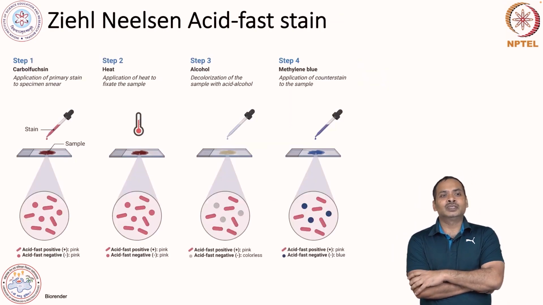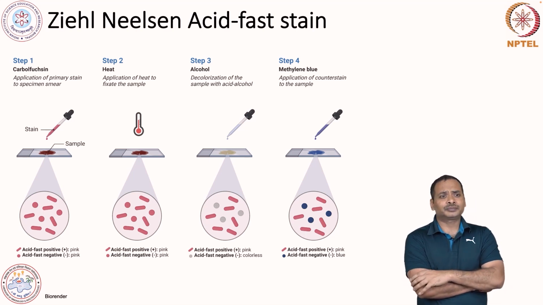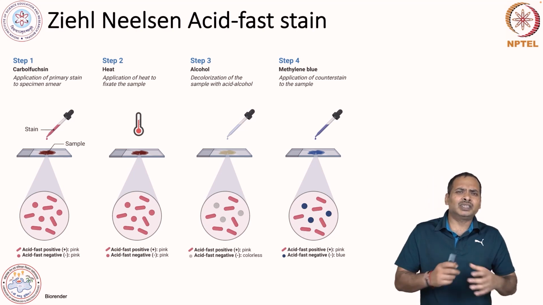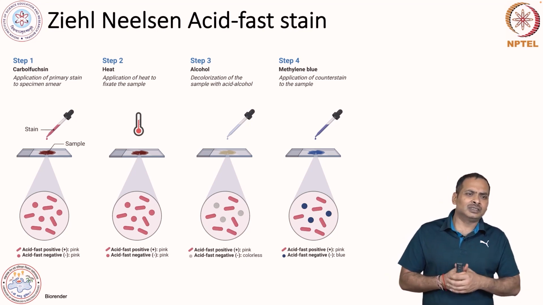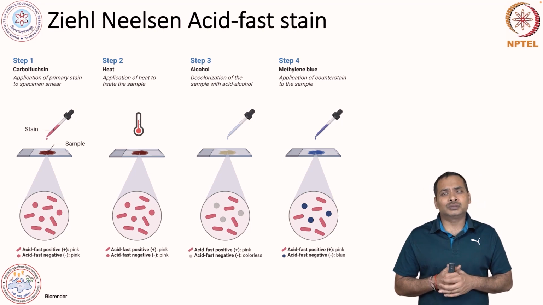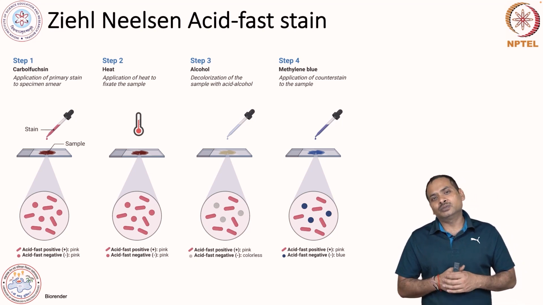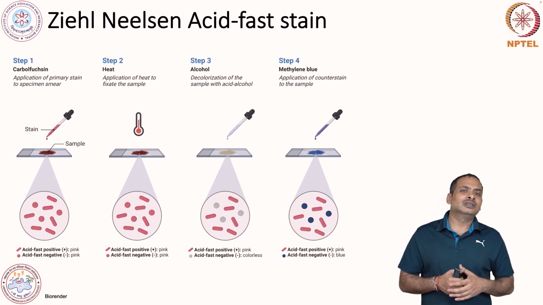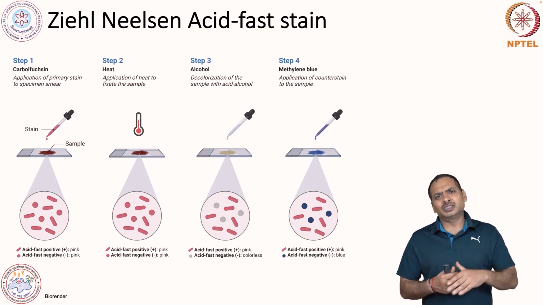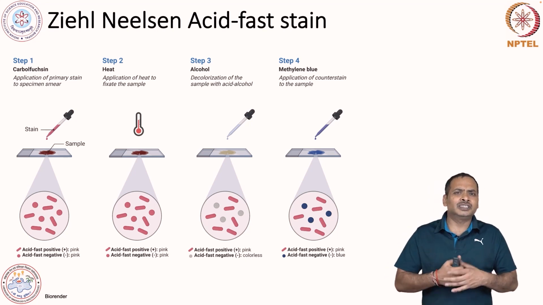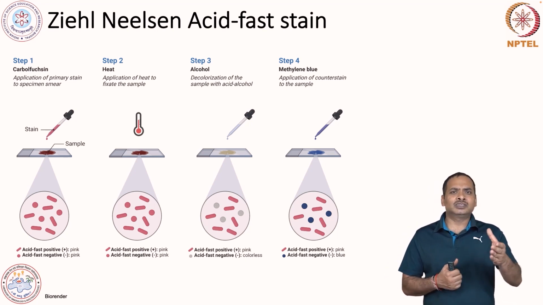Here you can see the Ziehl-Neelsen acid-fast staining. This is a very simple test, basically done with a sputum smear. First the sputum is collected from the patient, and then the technician makes the smear, and then this dye is added.